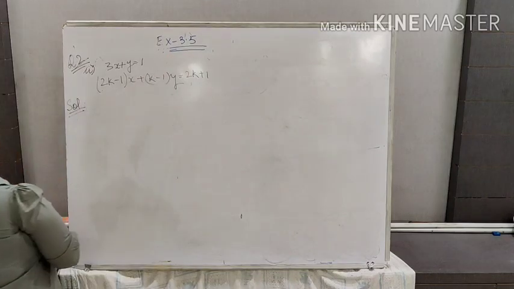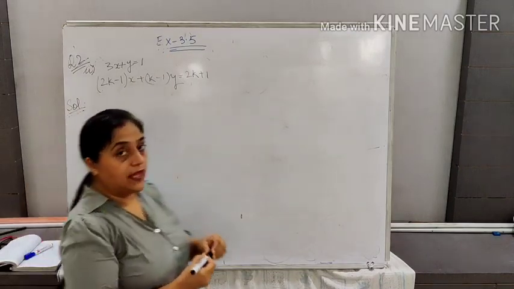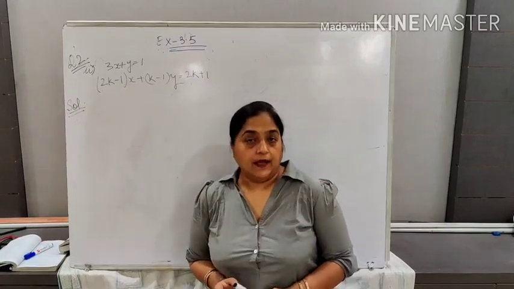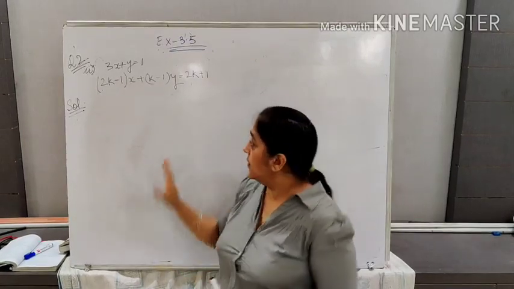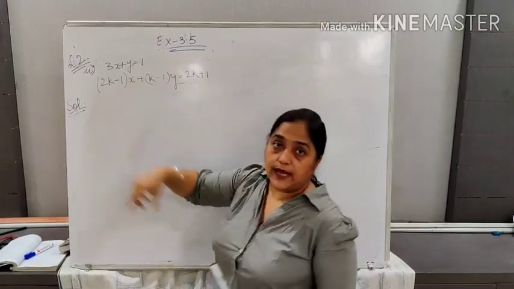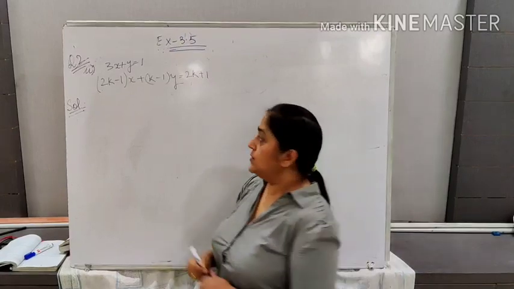What is the question? Find the value of k for which this system of linear equations has a unique solution. No, not unique, it is no solution. Find the values of k so that the system is having no solution.